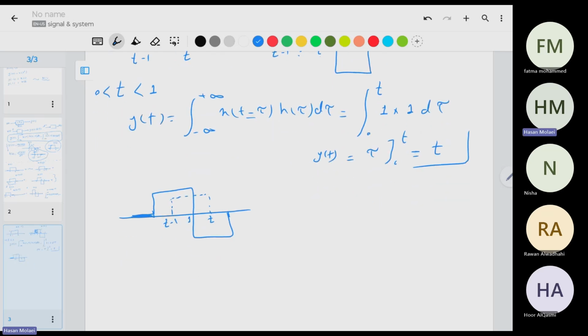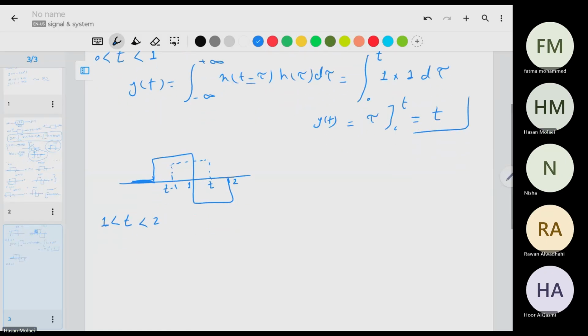So here is 1, here is 2, which means t should be smaller than 2, bigger than 1. How much is the overlap here? Again, the integral from minus infinity to infinity of x(t minus tau) h(tau) d tau.